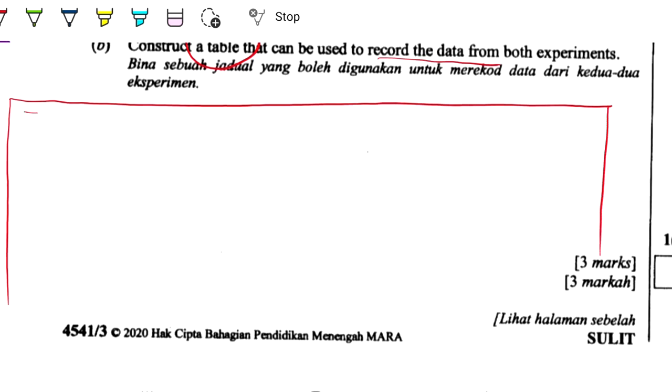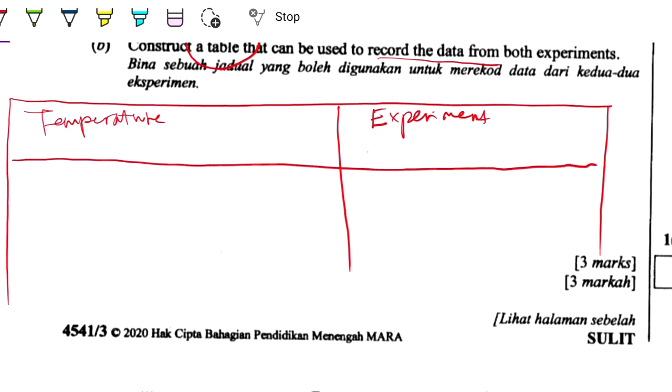Let's say temperature. We have two experiments, right? So we have experiment 1 and experiment 2.